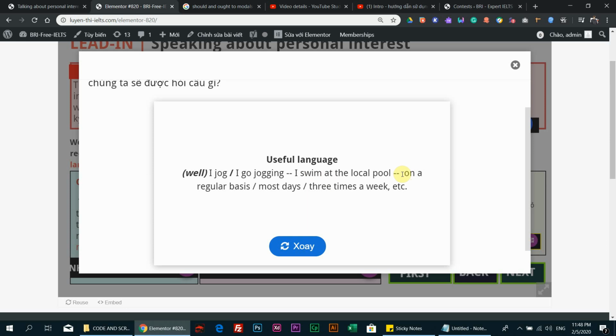However, on the next cues, I would say the phrase is a cue, a prompt, the hint for you to answer. Okay. So you're going to be asked something when you push the button to spin it to the other side. That would be the subjective question. So here you see there are many adverbs of time: on a regular basis, most days, three times a week.